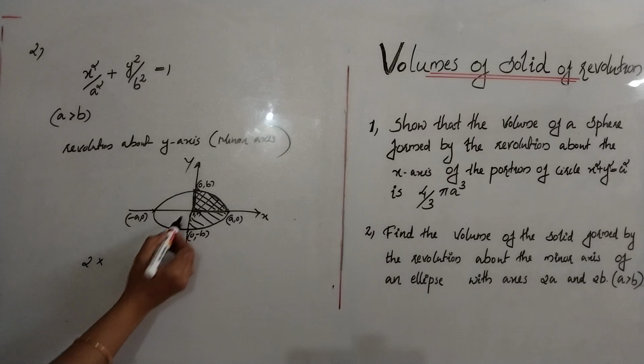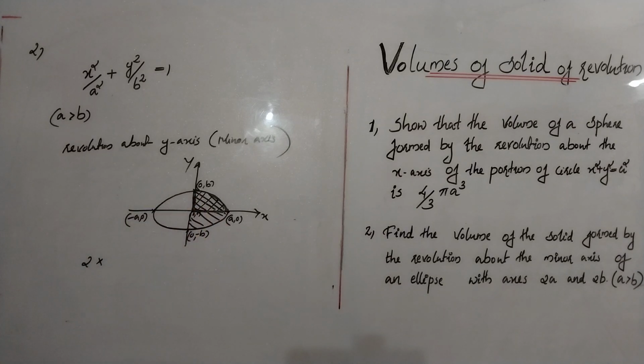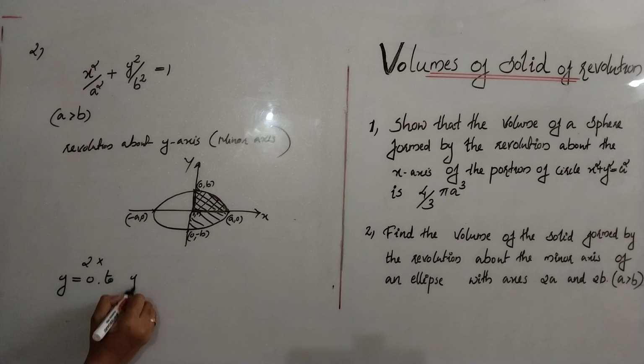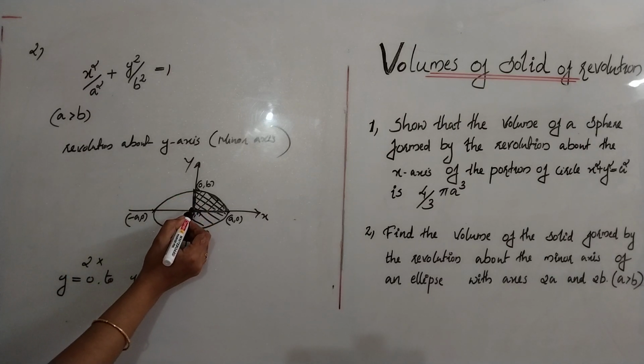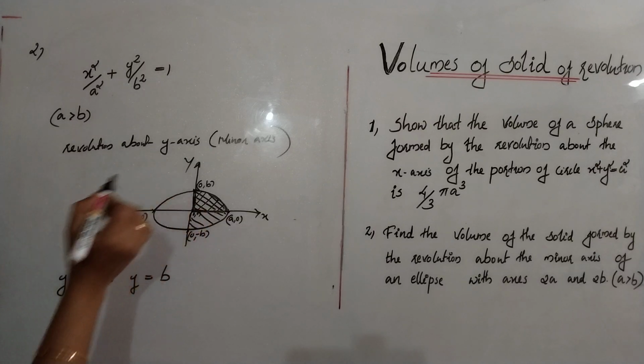So from this portion the limits vary from y is equal to 0 to y is equal to b. From here to here the y value varies from 0 to b.